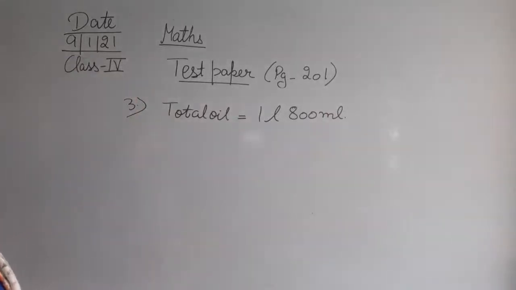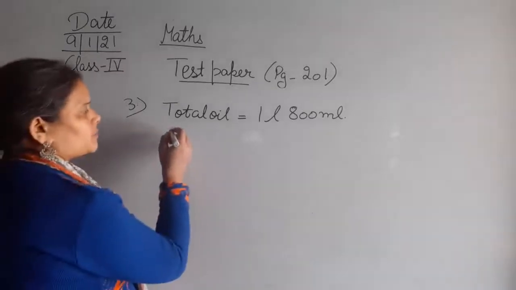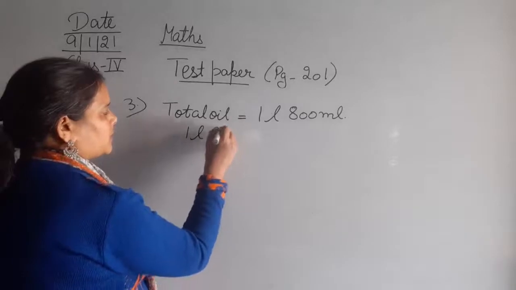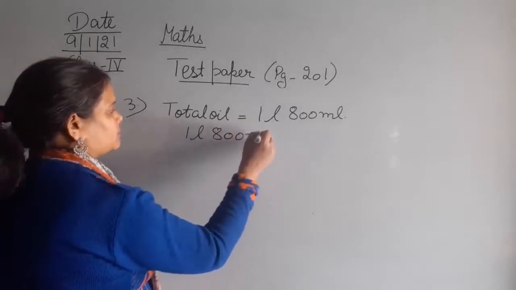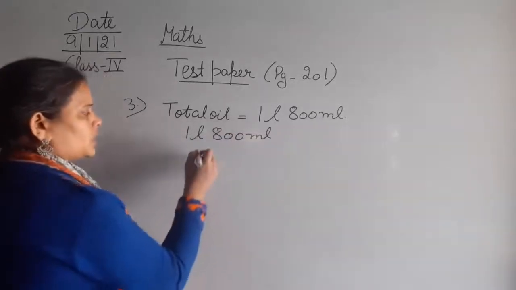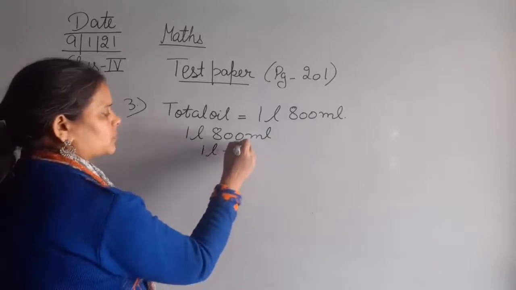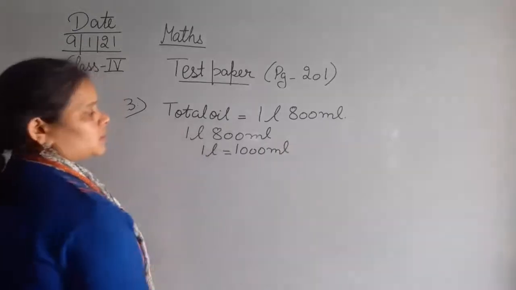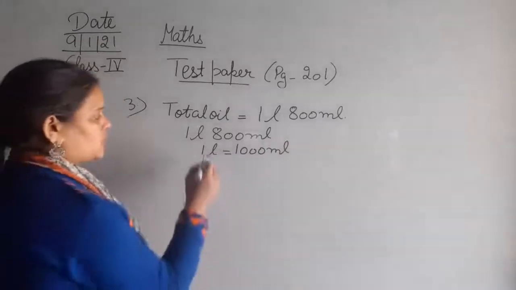Total oil is 1 liter 800 milliliter. Okay, so 1 liter 800 milliliter that is given. Okay, so 1 liter is equal to 1000 milliliter.